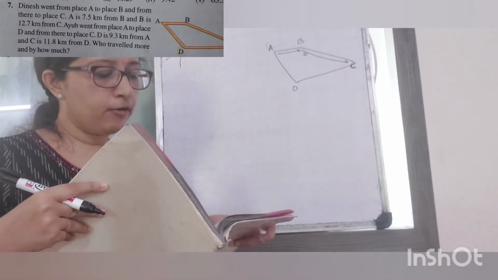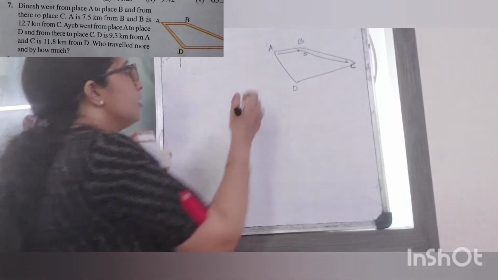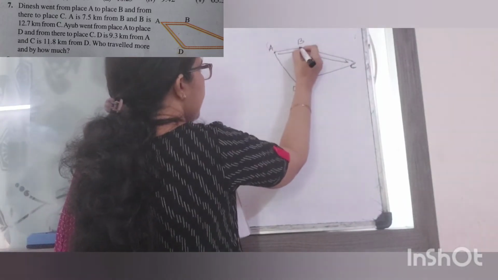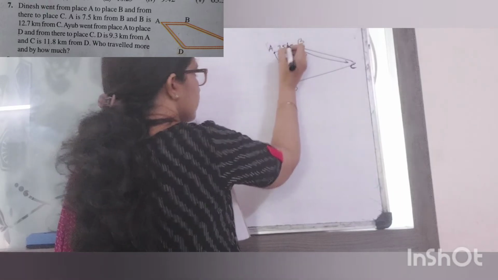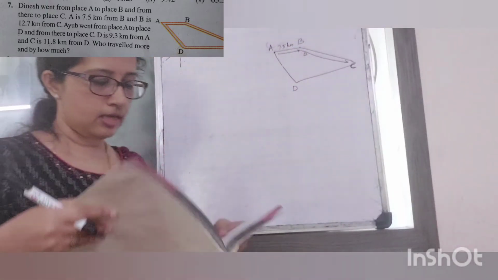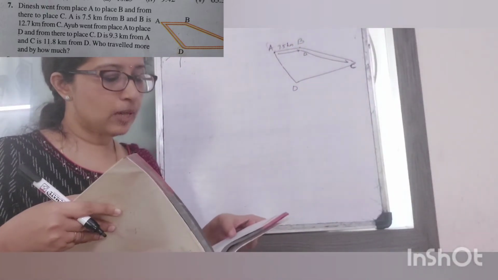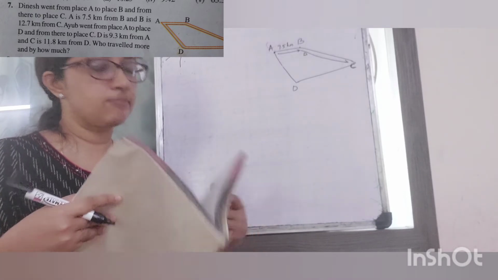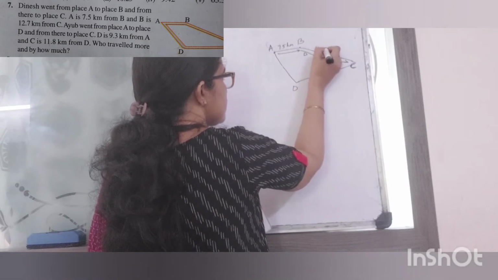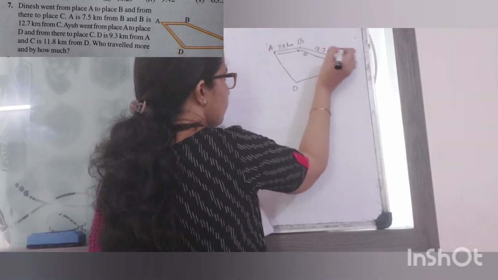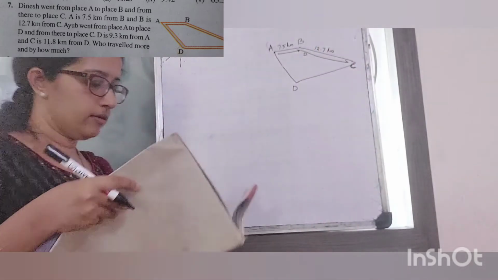A is 7.5 kilometer from B, so the distance between A and B is 7.5 kilometer. And B is 12.7 kilometer from C.